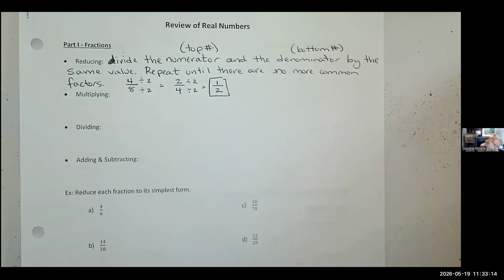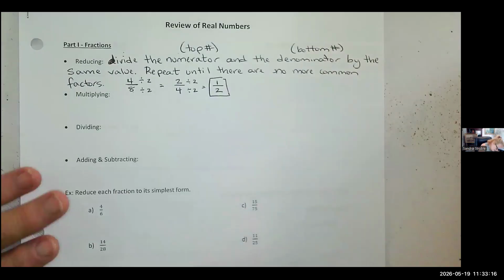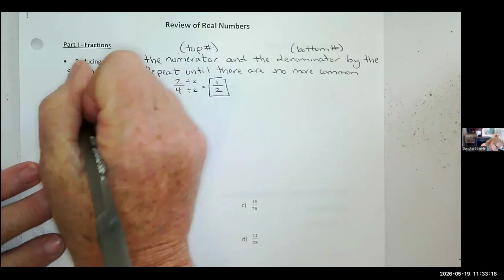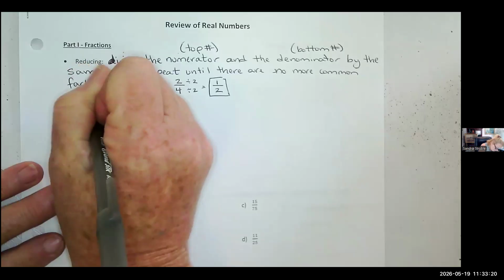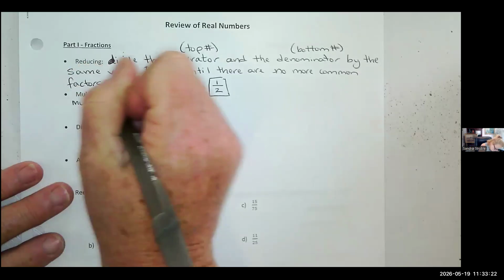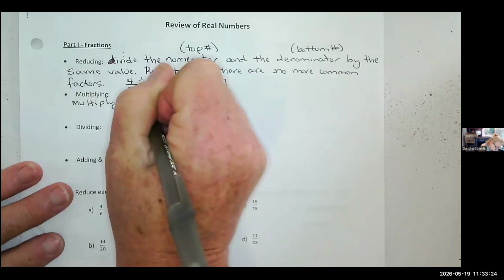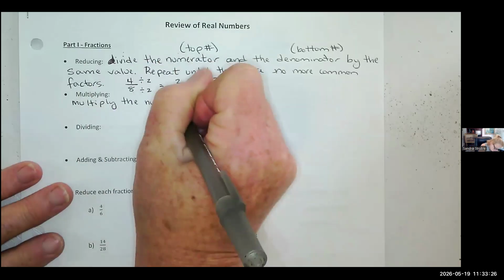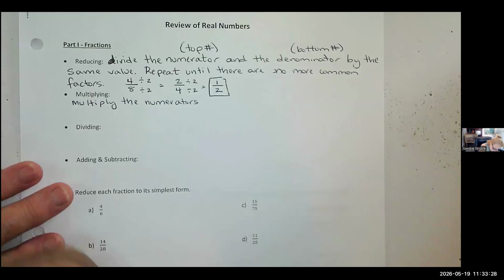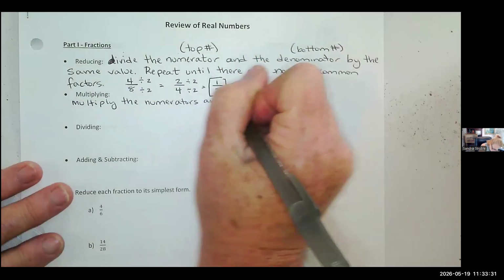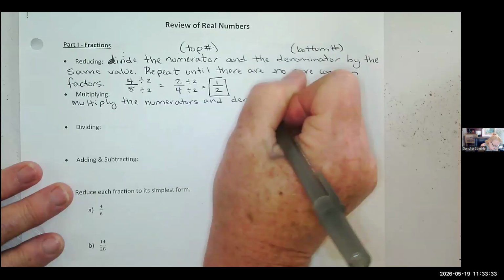But to multiply, you multiply the numerators and denominators straight across.